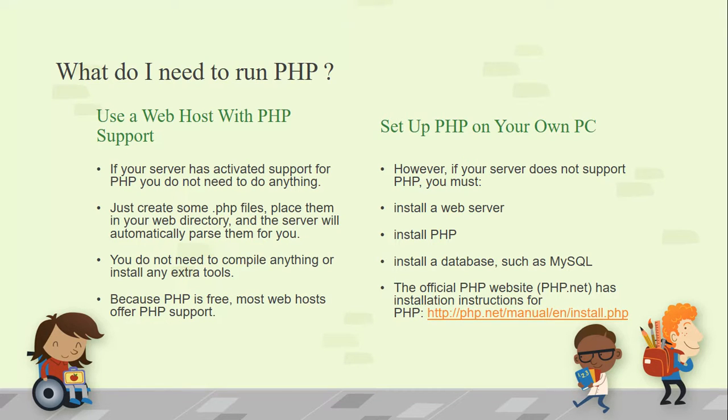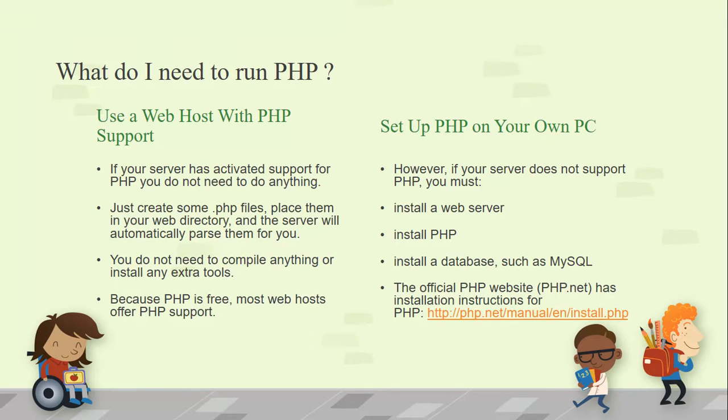And the second way is to set up PHP on your own PC. If your server does not support PHP, you can install a web server such as IIS, Apache, or others like XAMPP, MAMP, WAMP. You can install PHP from php.net.